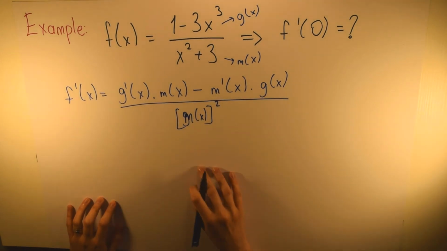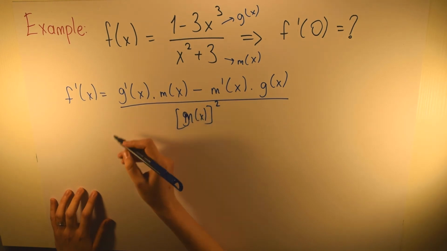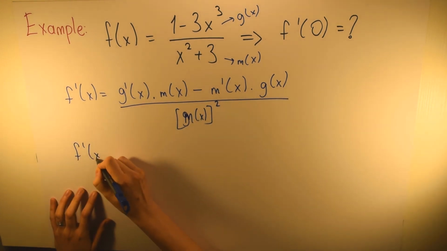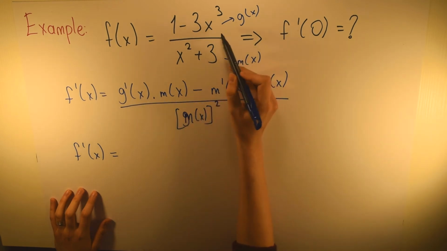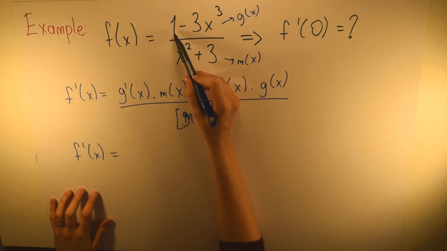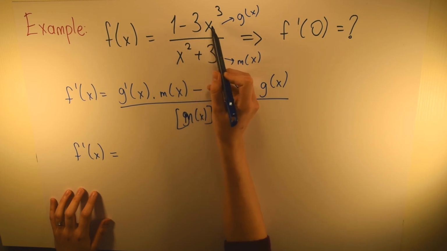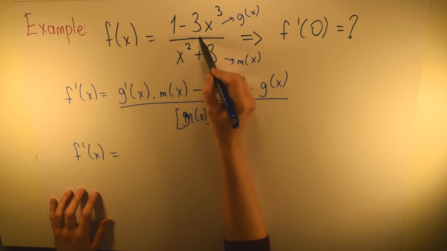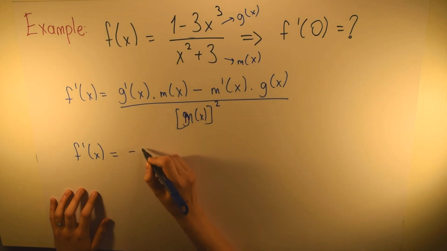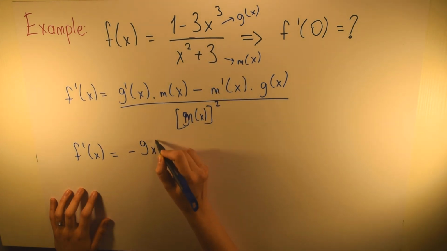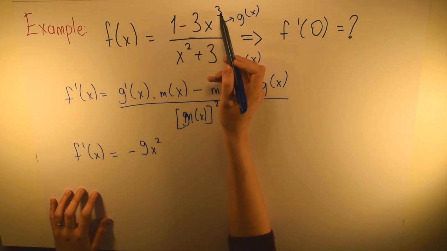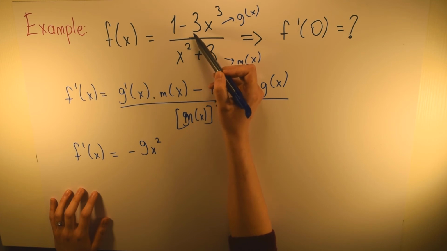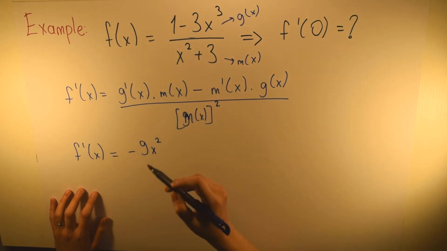So let's apply this formula here. So the derivative of f of x is equal to the derivative of g of x. It is equal to 0 because it's a constant, and here we have 3. We will put this in front of this expression, and it will be minus 9x squared, okay, because don't forget this minus sign. So when I put this 3 in front of 3x, it will be 9x, and 3 minus 1, it's 2.